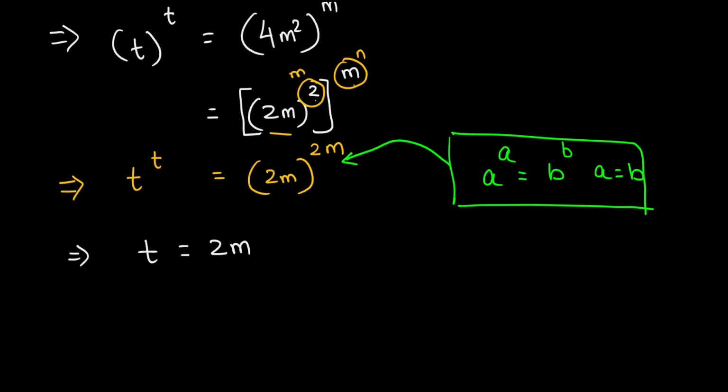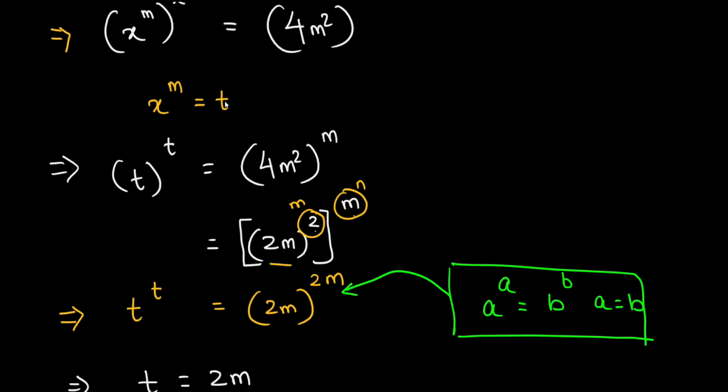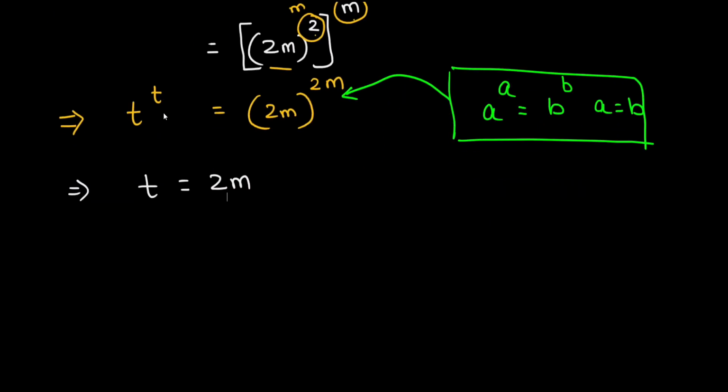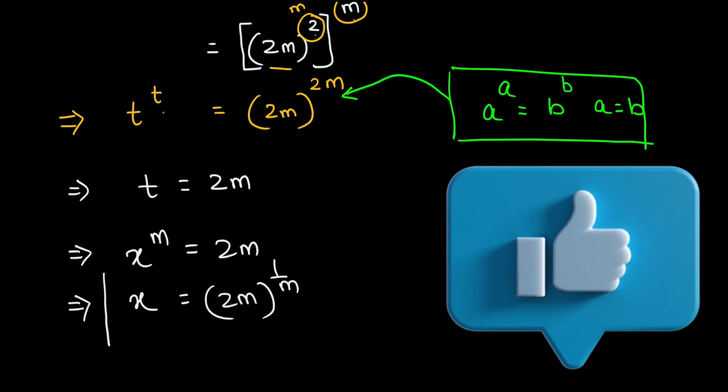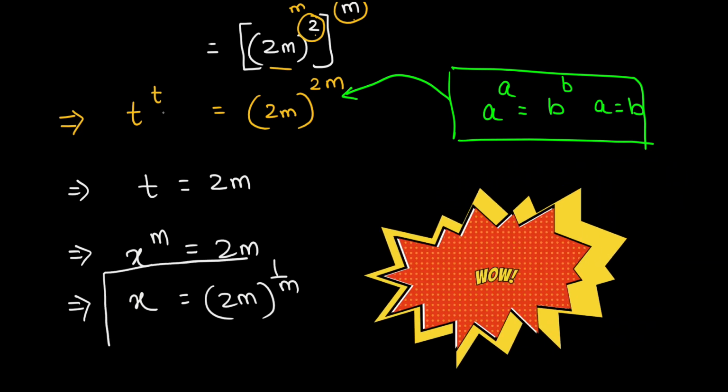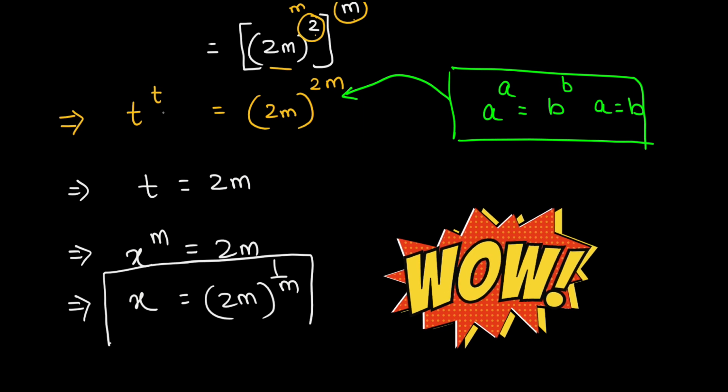As you know from the top that t is equal to x to the power m, so we can write here x to the power m is equal to 2m, and the value of x will be 2m to the power 1 by m. Hence this is the formula for all these patterns of questions.